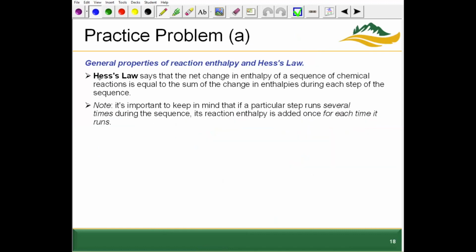So Hess's law, for our puzzle kind of problems, states that the net change in enthalpy of a sequence of chemical reactions is equal to the sum of the change in enthalpies during each step of the sequence. Something we could see is that if a particular step runs several times during the same sequence, its reaction enthalpy is added once for each time it runs.